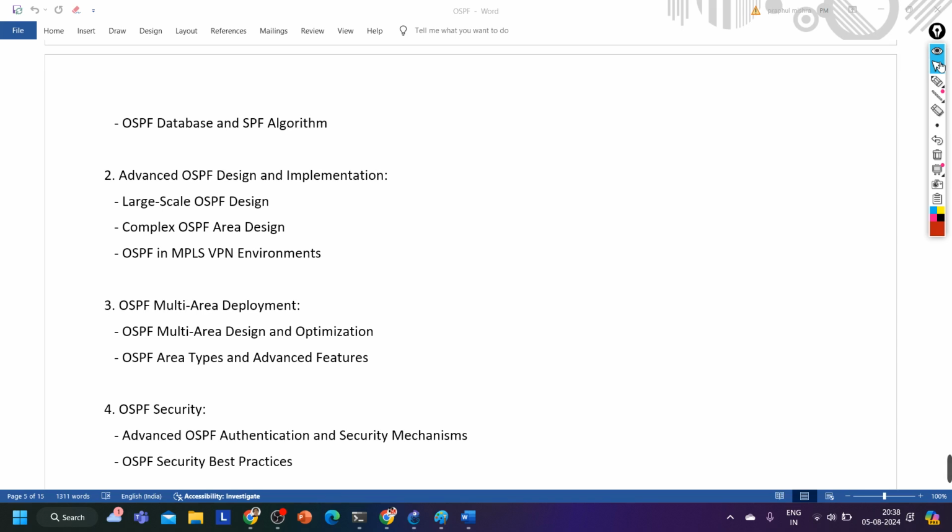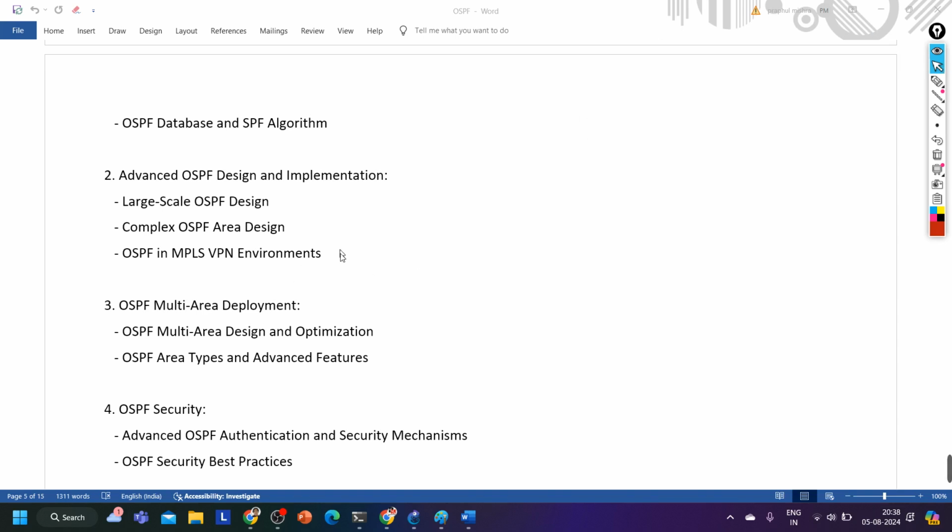No, OSPF is a widely used routing protocol. Service providers are also using OSPF because it is an open standard routing protocol, compatible with different vendor devices. At the same time, OSPF can manage large networks.